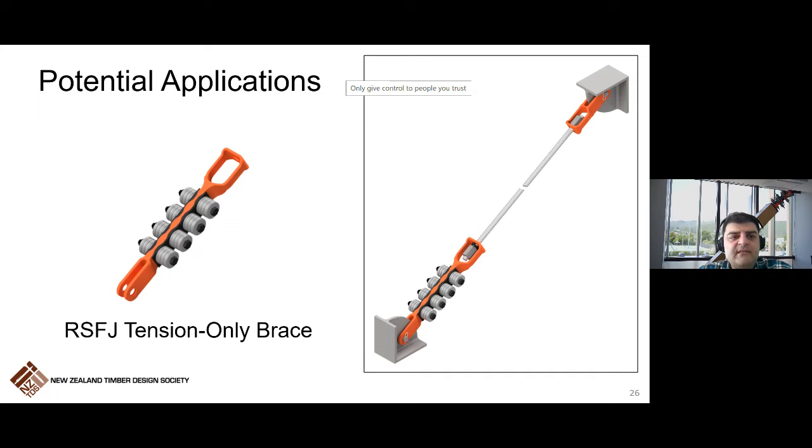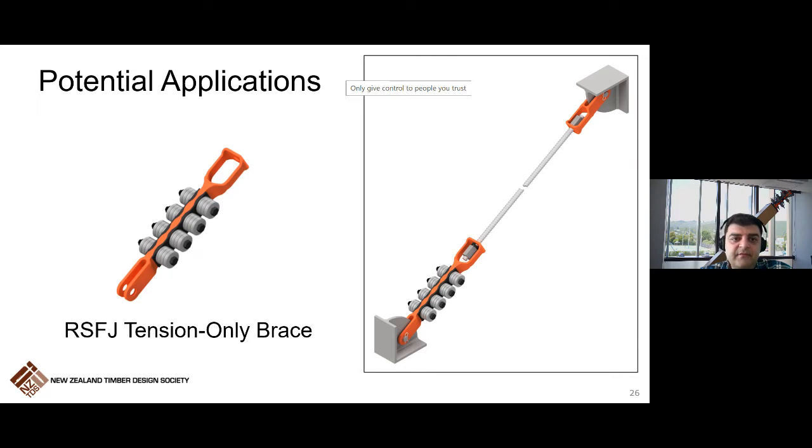It can be used as tension-only braces. As you know, we don't have ductile tension-only braces, because tension-only braces are normally there to provide ductility of 1 or 1.25 at most. The reason is that when they yield, the lateral system is basically gone.